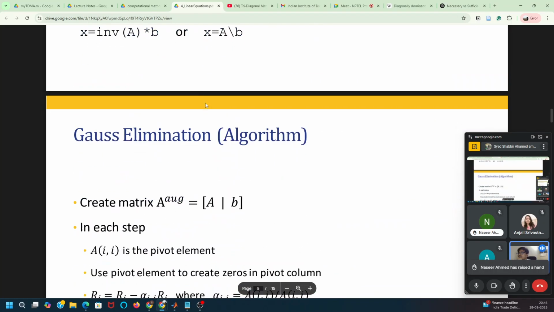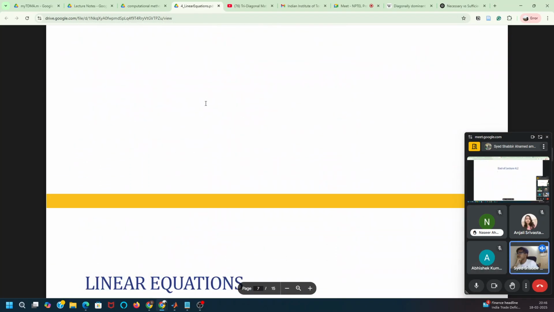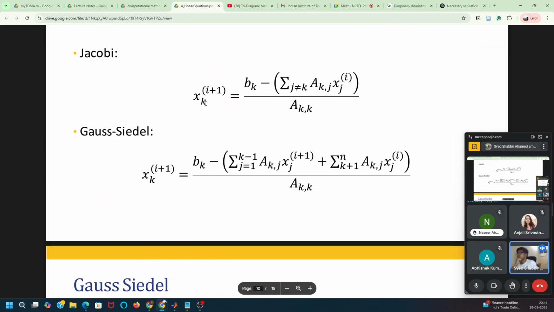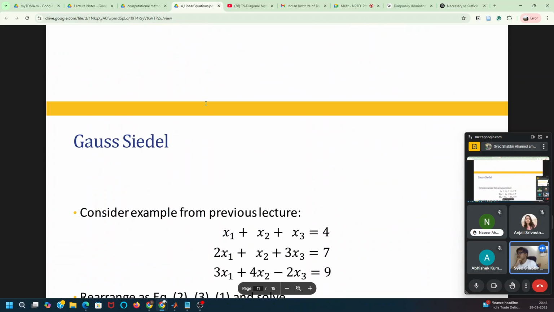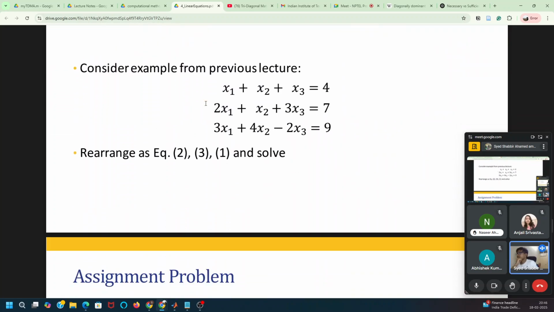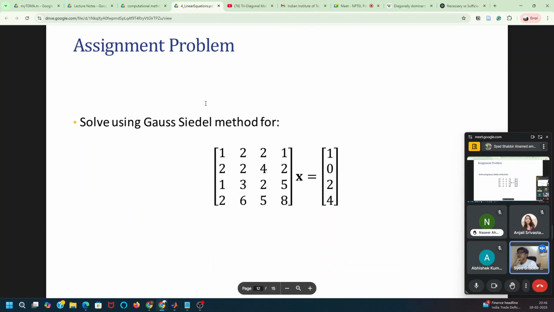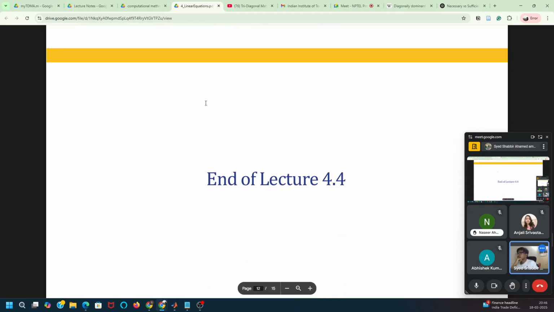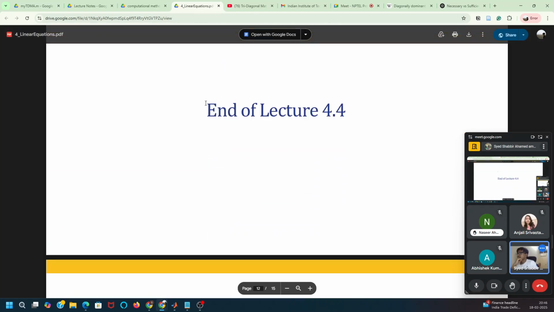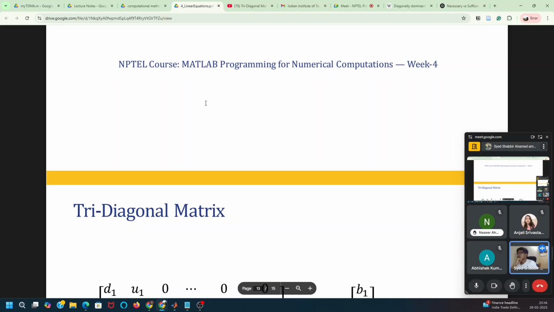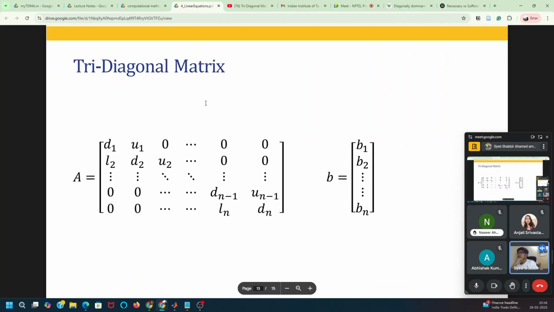So then, after this Gauss-Seidel method, you don't need to worry about this diagonally dominant thing in the assignments, whatever questions were asked. I think everything satisfies, and you will get a solution.